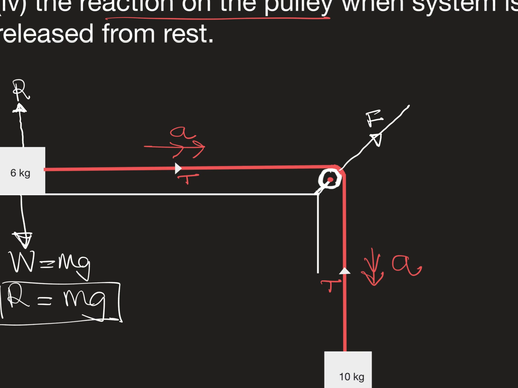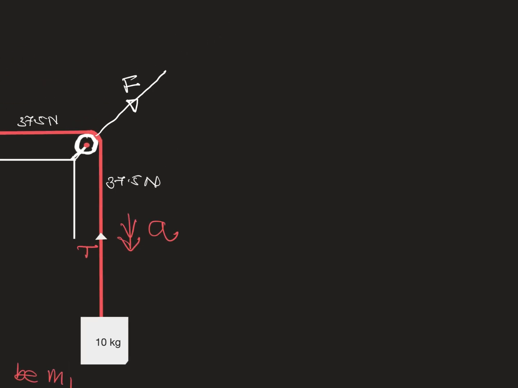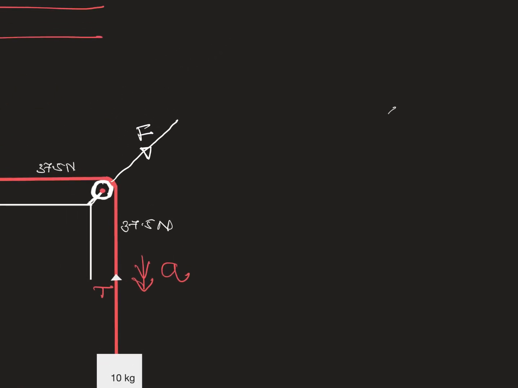And T, we got it as 37.5 newtons. So if we extract that, this is how we have it. You have T here, you have T here, and you have F. T is 37.5 newtons.